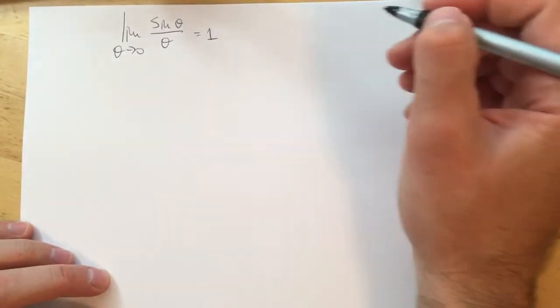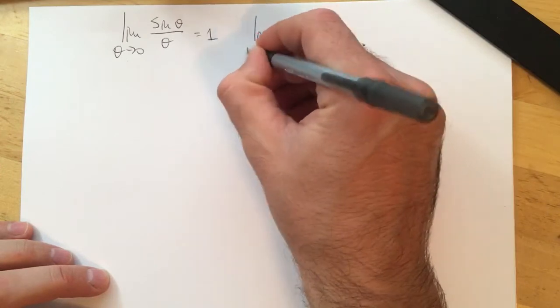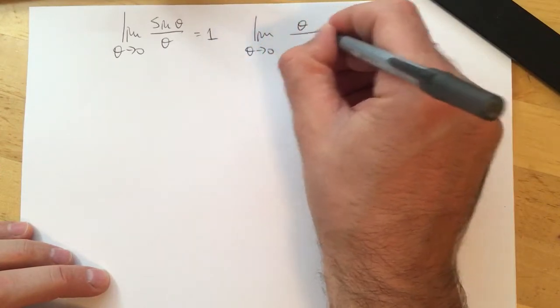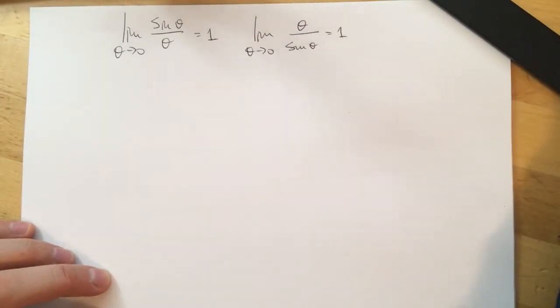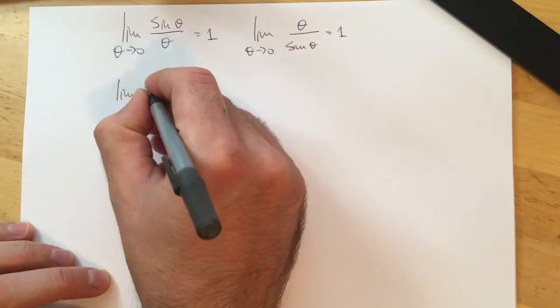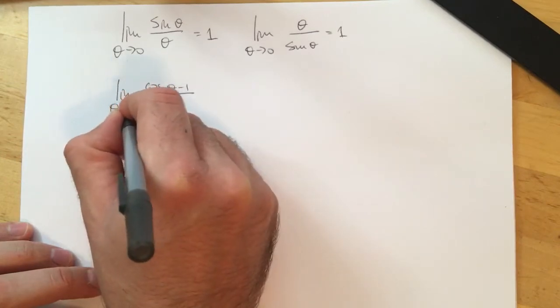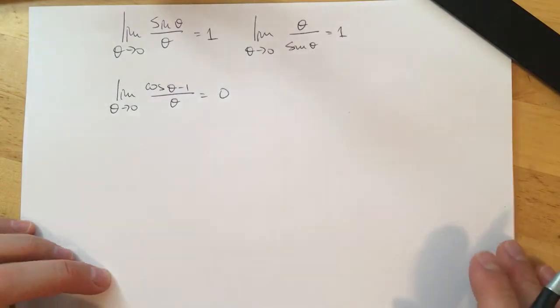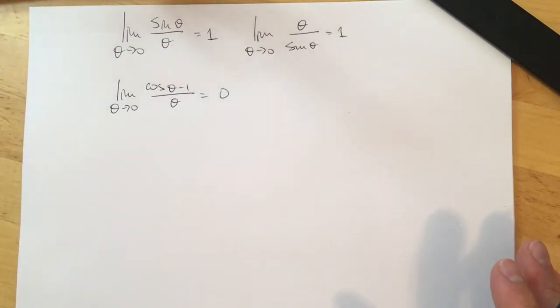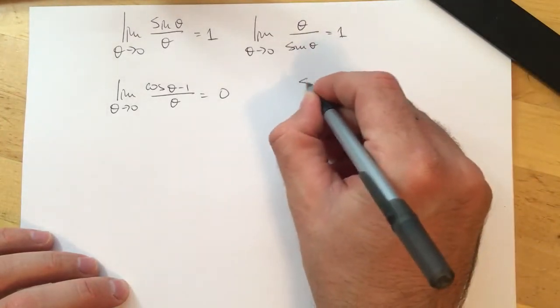As we have shown in the previous video uploaded on my channel, the limit as theta goes to 0 of theta over sine of theta is equal to 1, and we were able to prove that the limit of cosine of theta minus 1 over theta as theta goes to 0 is equal to 0.